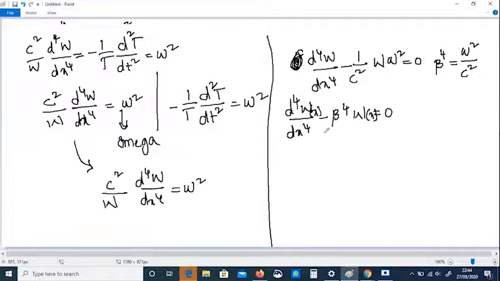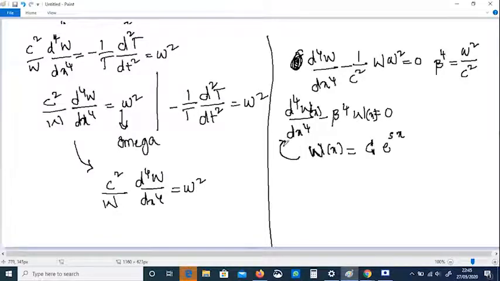So now this is a fourth order ordinary differential equation, and it can be solved by assuming a solution. Let us say the solution of this equation is of the form capital C into e to the power of s into small x. Right.